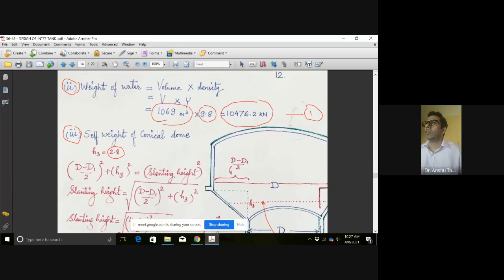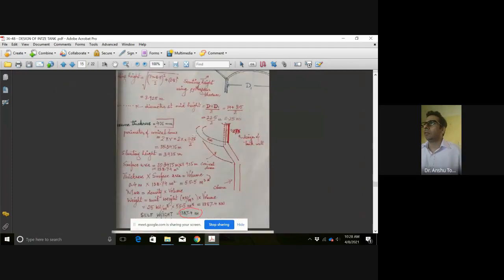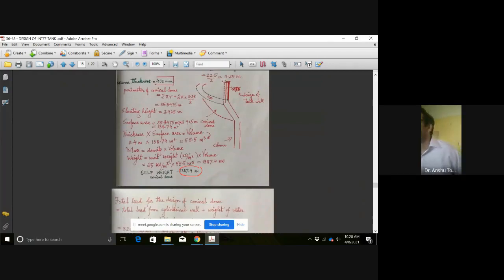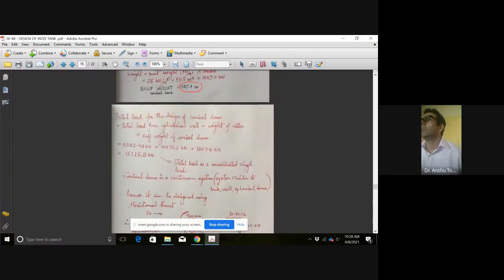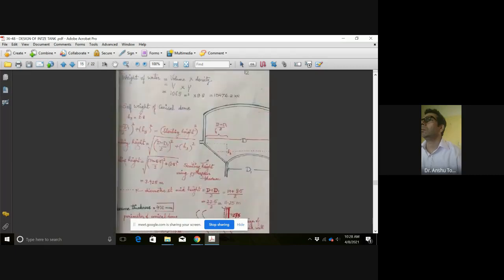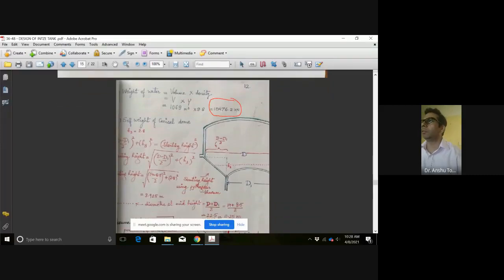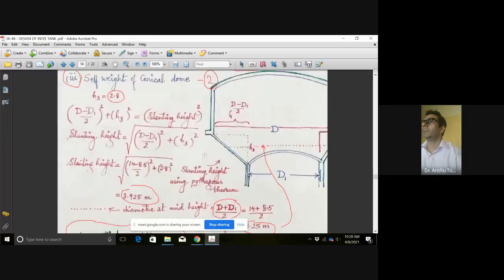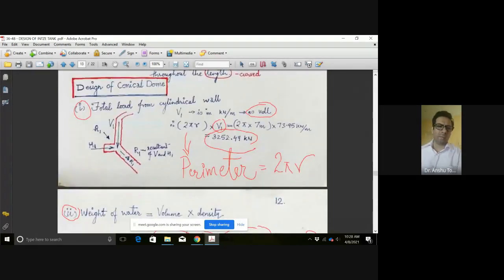One, two, same thing. 1047, that is the weight of the water, and whatever load is coming from the upside onto the conical dome as the V1 component.